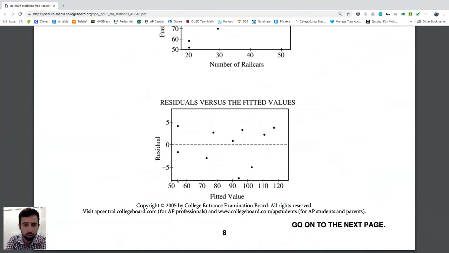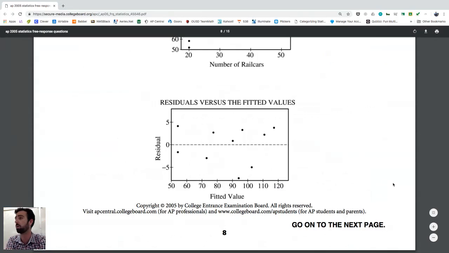So it looks like when we had 50, what was that, maybe 52 cars? Or let's look at this one, 70. Oh, that's fuel consumption, I'm sorry. We were off by this much. And this one, we almost predicted it exactly, so the residual was very small.